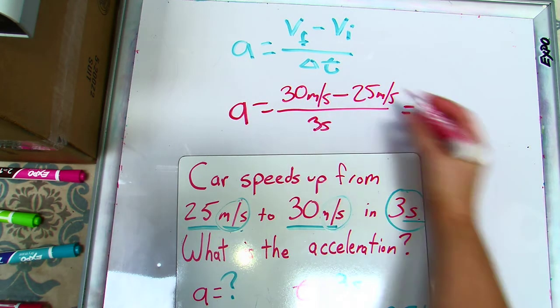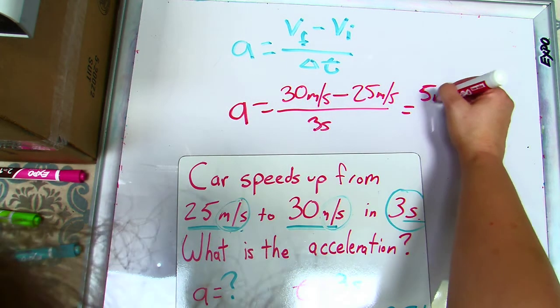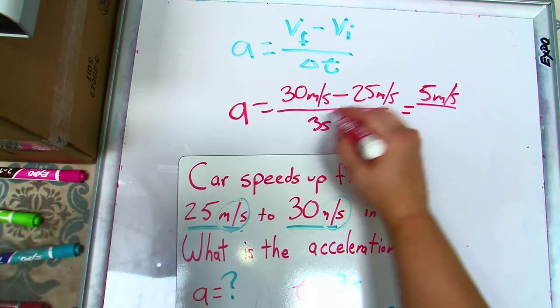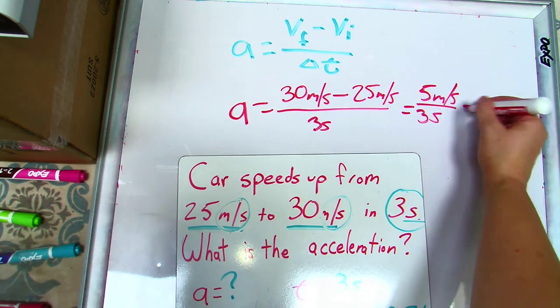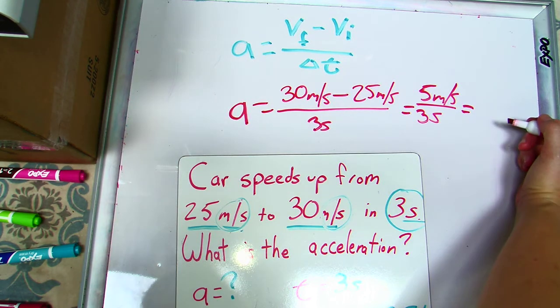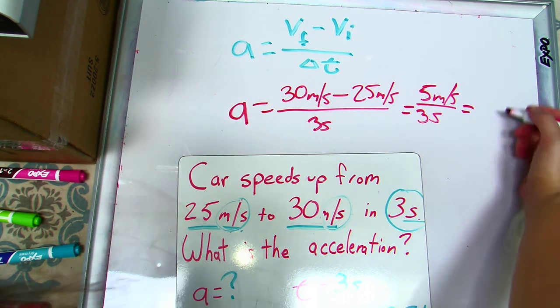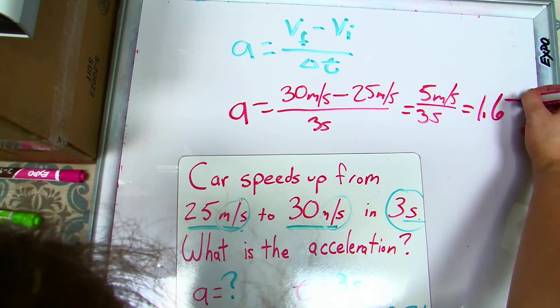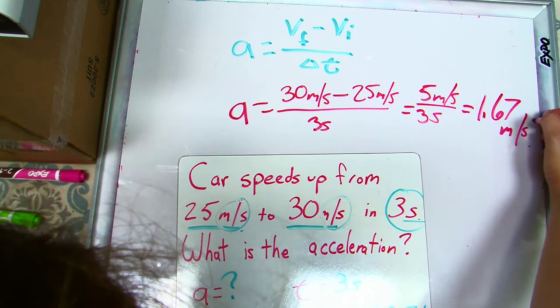So 30 minus 25 would be 5 meters per second, and then divided by 3 seconds, our acceleration equals 1.67 meters per second squared.